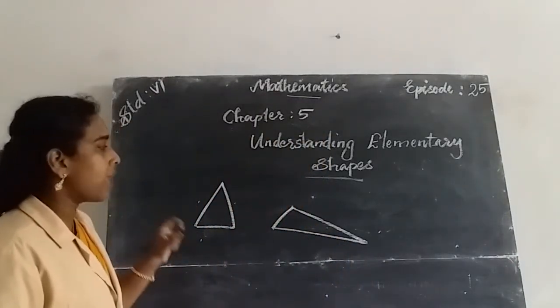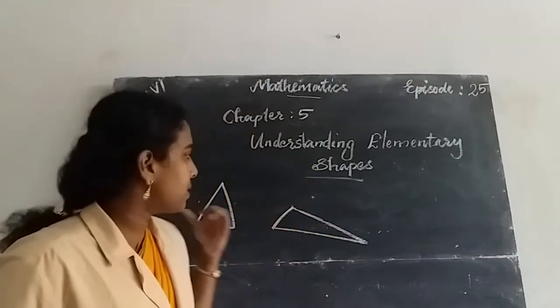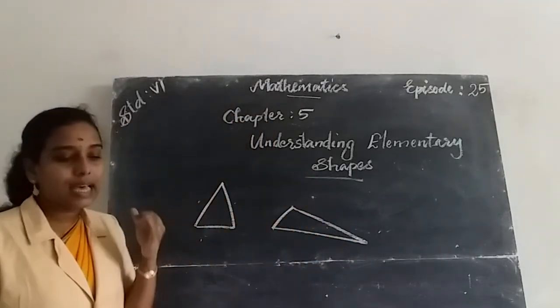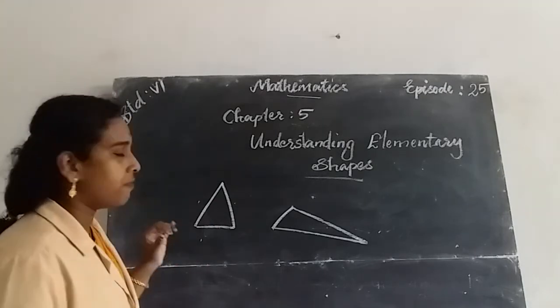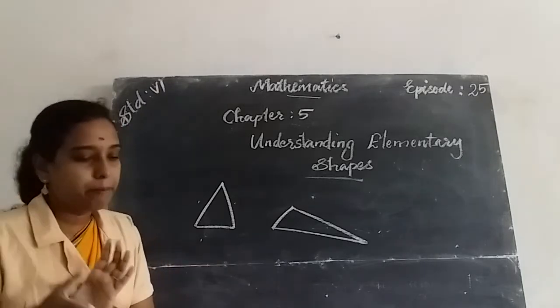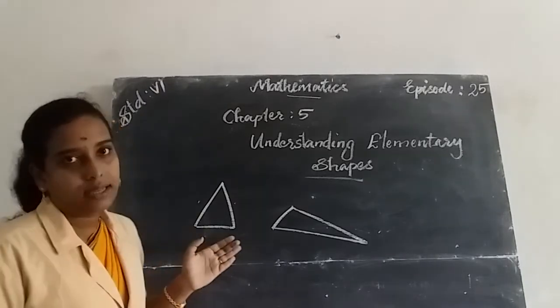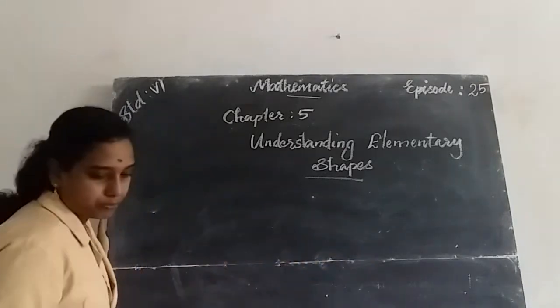A triangle can be classified based on its sides and based on its angles. First one is based on their sides.